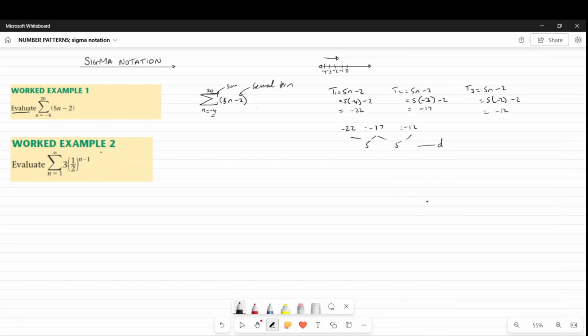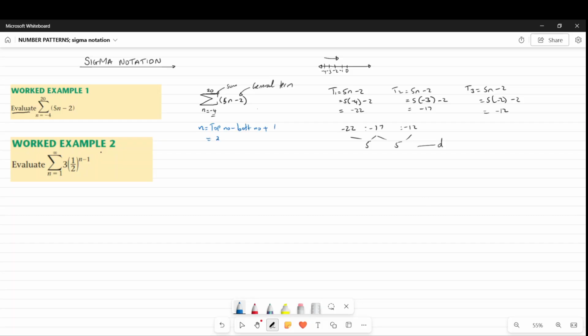Since we got that, we need to know how many terms there are in the series, in the sequence. In order to find n, we say top number minus bottom number plus 1.